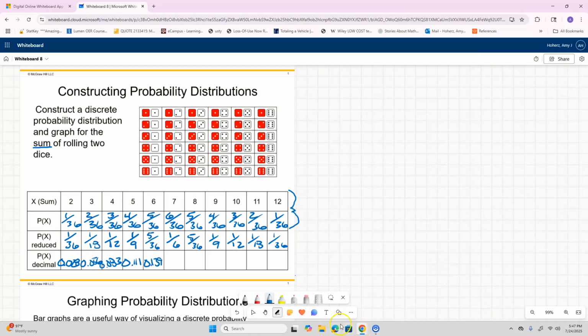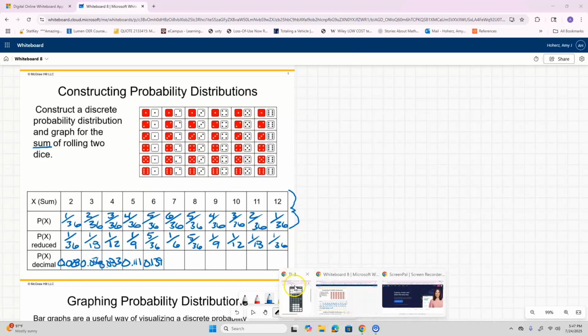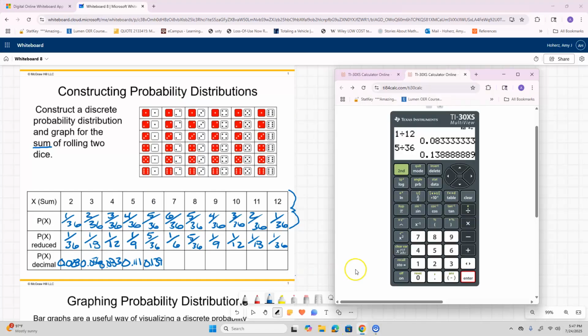And then 1/6 is the last one we really have to type in the calculator because then we can copy from the other ones. So we do our 1/6, which is 0.167.